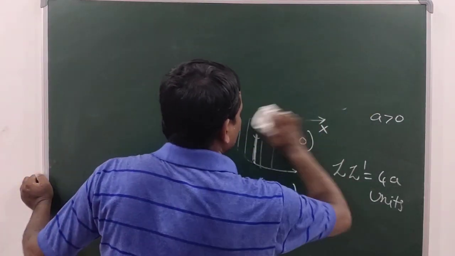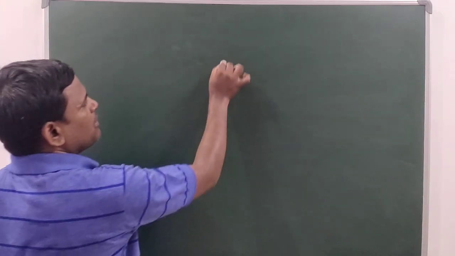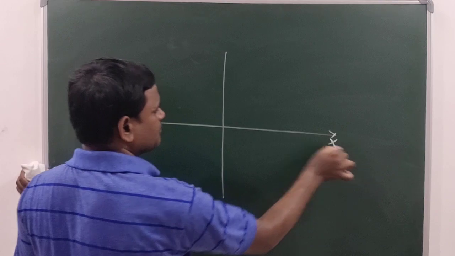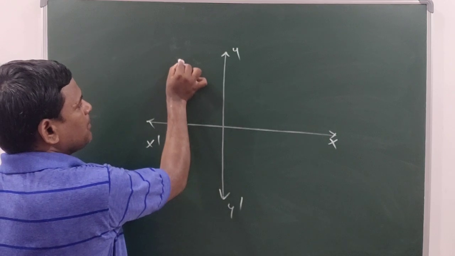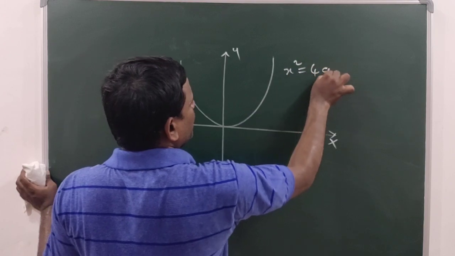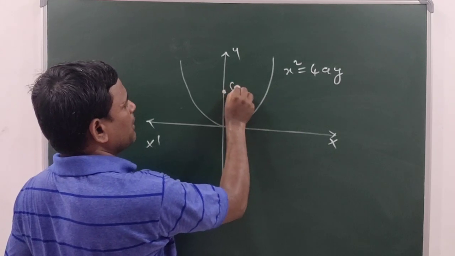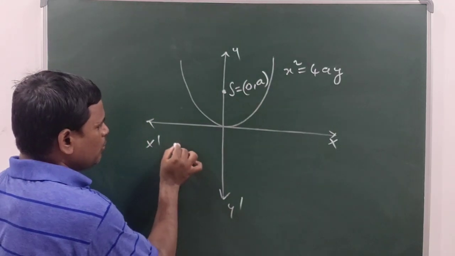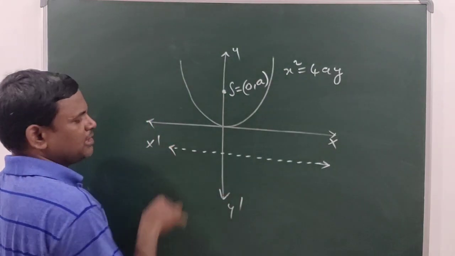Right. Now let us go to the various forms of the parabola. Suppose the axis of the parabola is the y-axis, then we get a parabola like this, whose equation is x square is equal to 4ay, and here we get the focus, the fixed point, whose coordinates will be 0 comma a, and whose directrix equation we get like this.